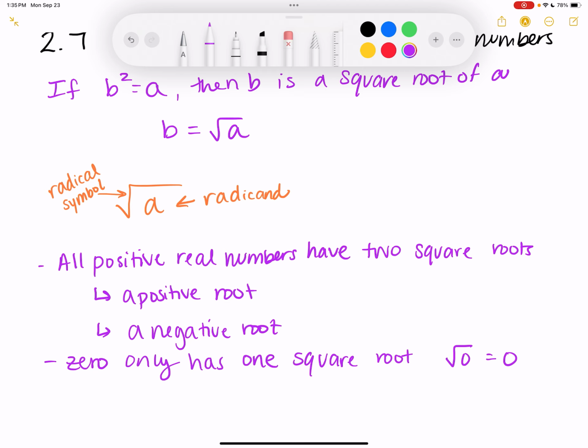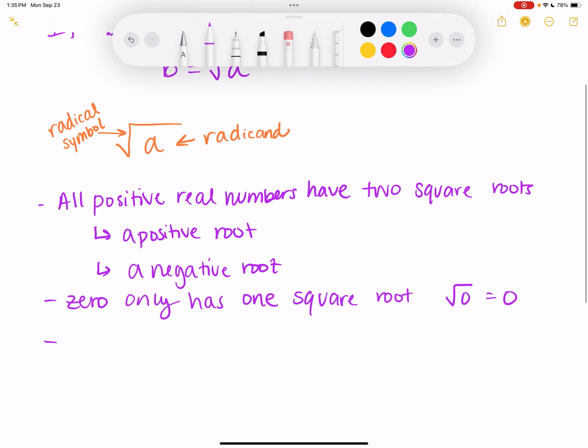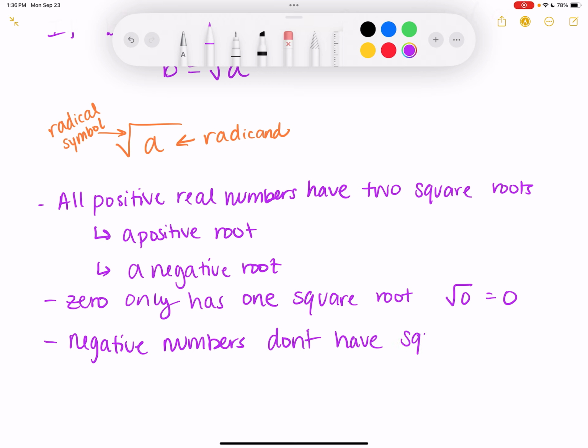And negative numbers do not have square roots. So does that mean all negative roots are imaginary numbers, or is it just the root of -1?